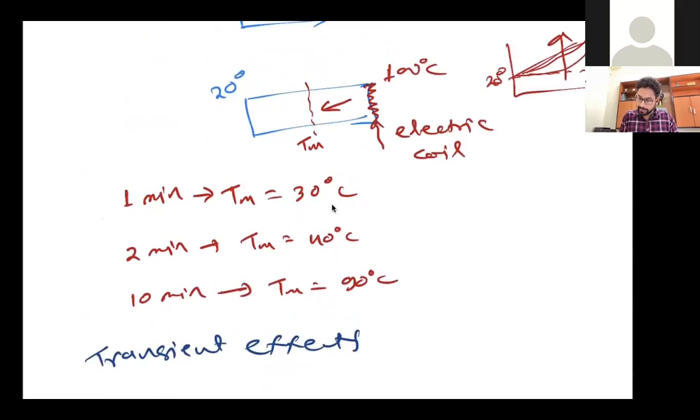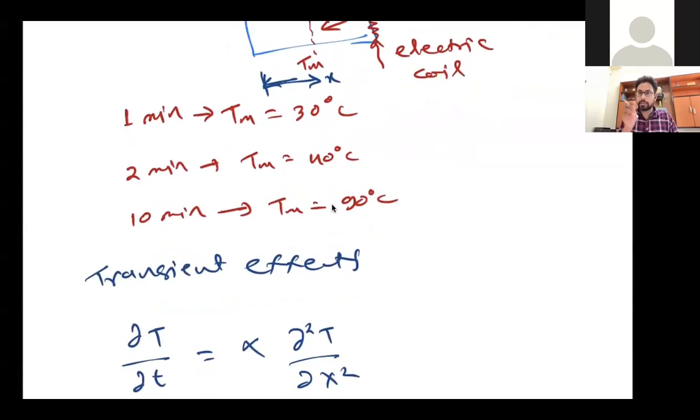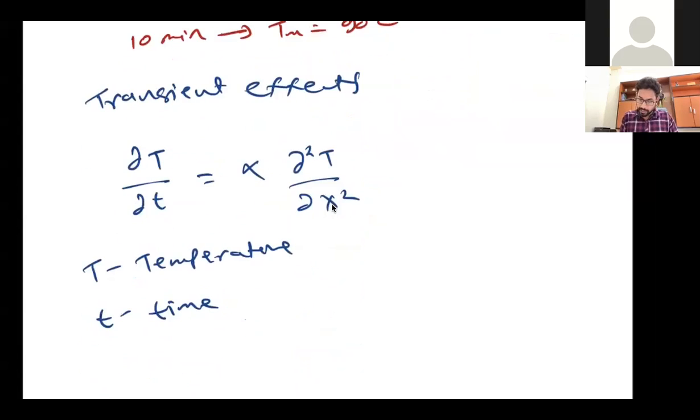And what is x? X is this horizontal coordinate, or the longitudinal coordinate, through which heat transfer is taking place. So this is when we have to consider the transient effect, because this small t tells us how temperature is changing with time, and this is called the heat equation.